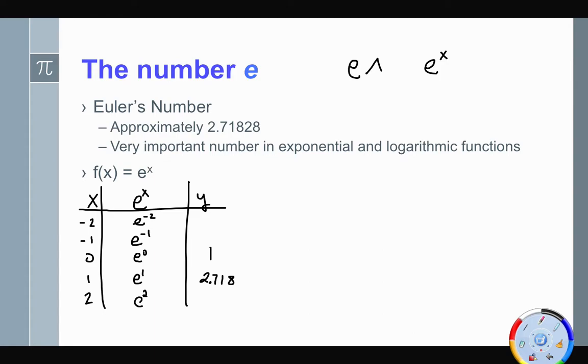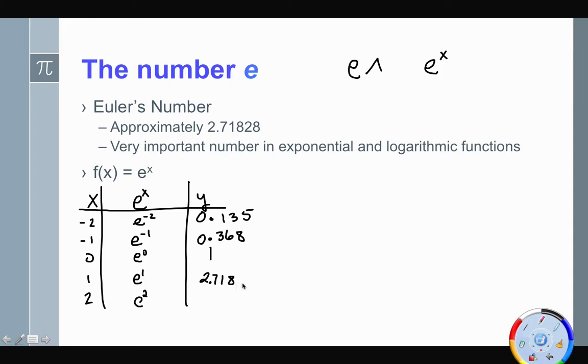So if we went e to the power of negative 2, we get 0.135. If we say e to the negative 1, we get 0.368.